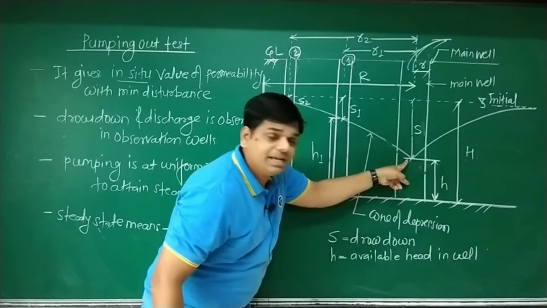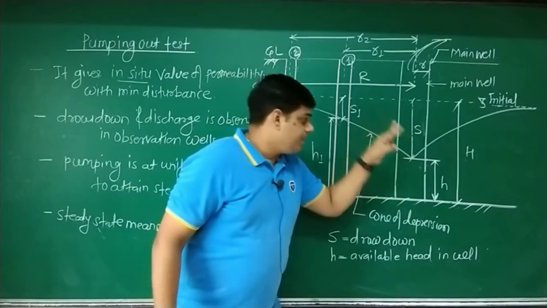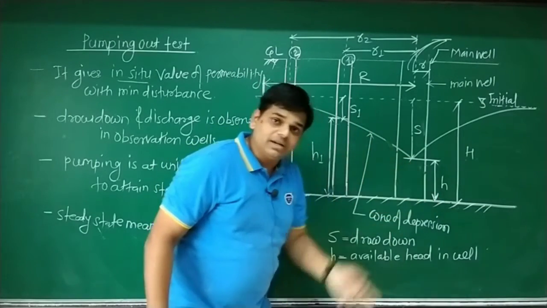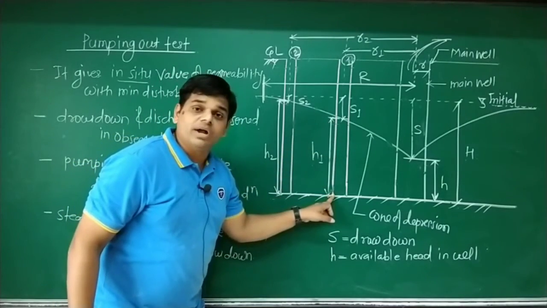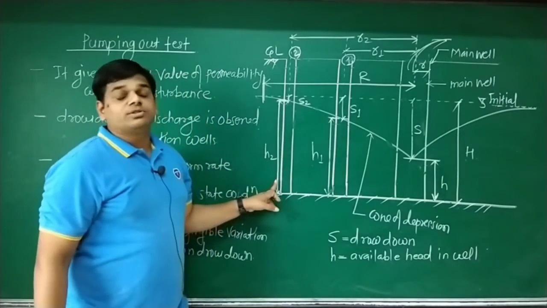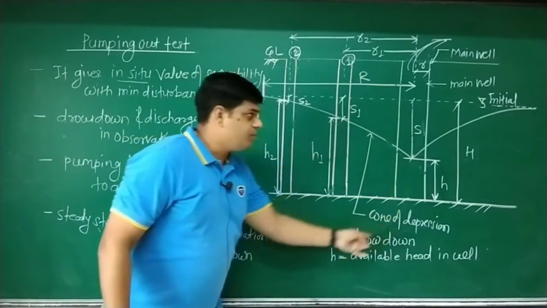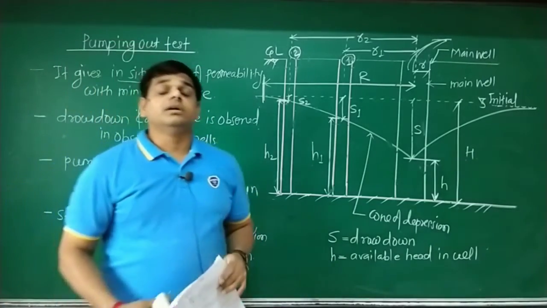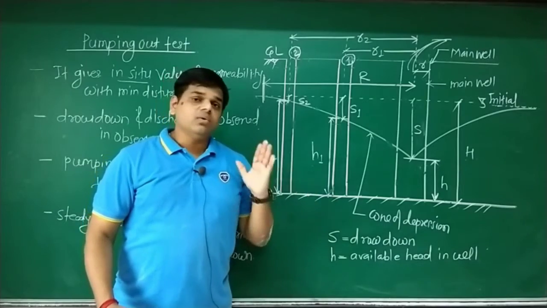Whatever head is available, that height we denote by symbol small h. If small h is for the main well, similarly h1 is for observation well number 1 and h2 is for observation well number 2. These are the terms which are used to calculate the permeability of a soil sample by extracting the water.